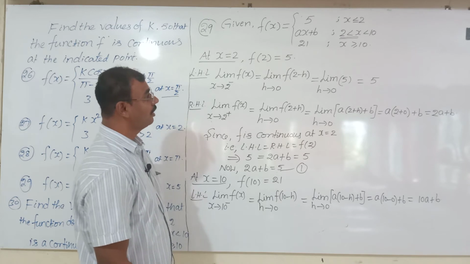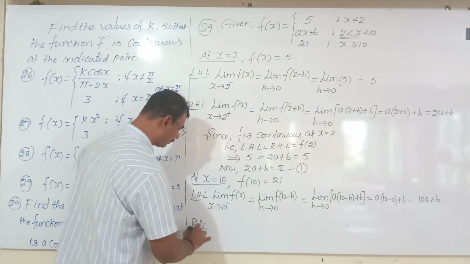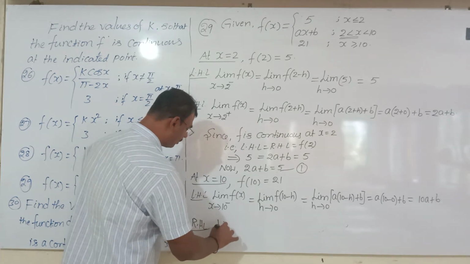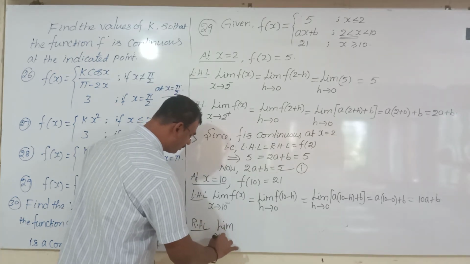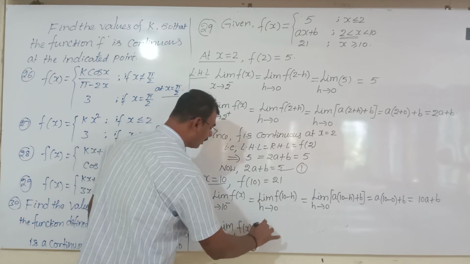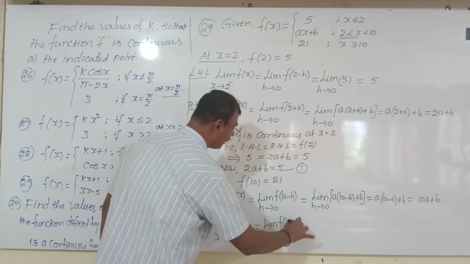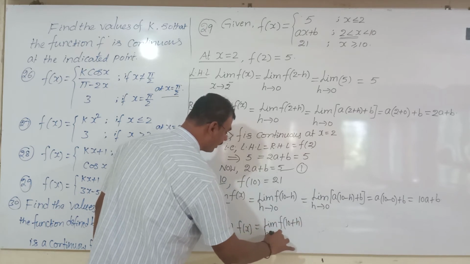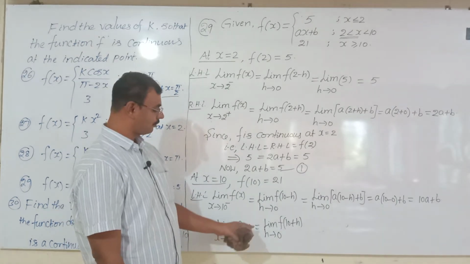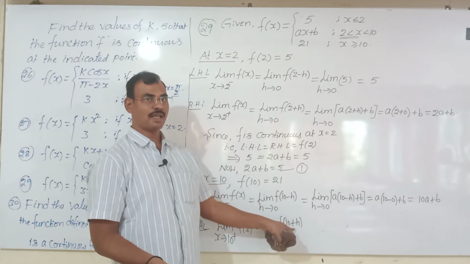The same way we have to find the right hand limit, or RHL. So the limit of f of x as x tends to 10 plus, I write as the limit of f of 10 plus h as h tends to 0. 10 plus h, something is added, means it is more than 10.